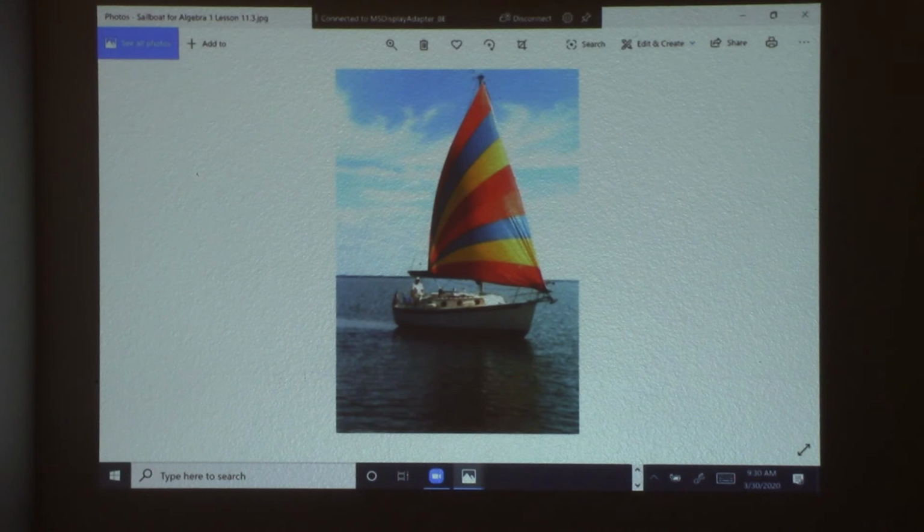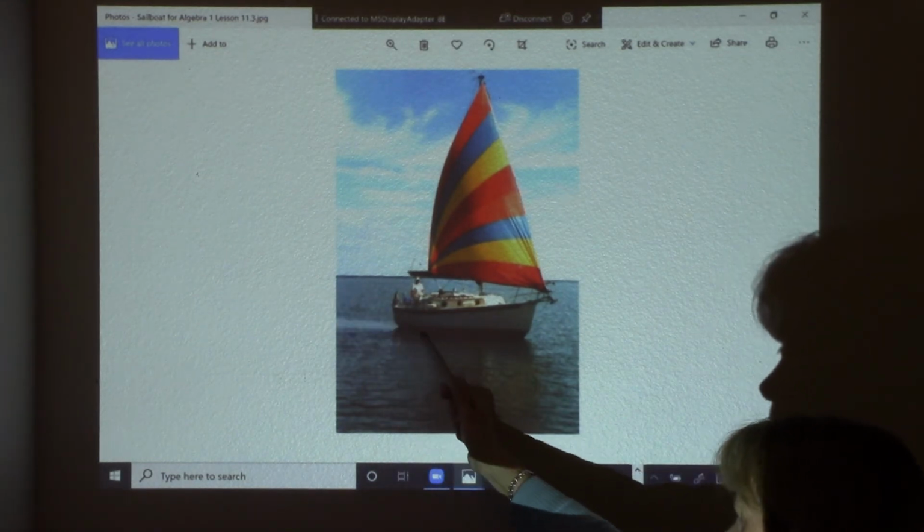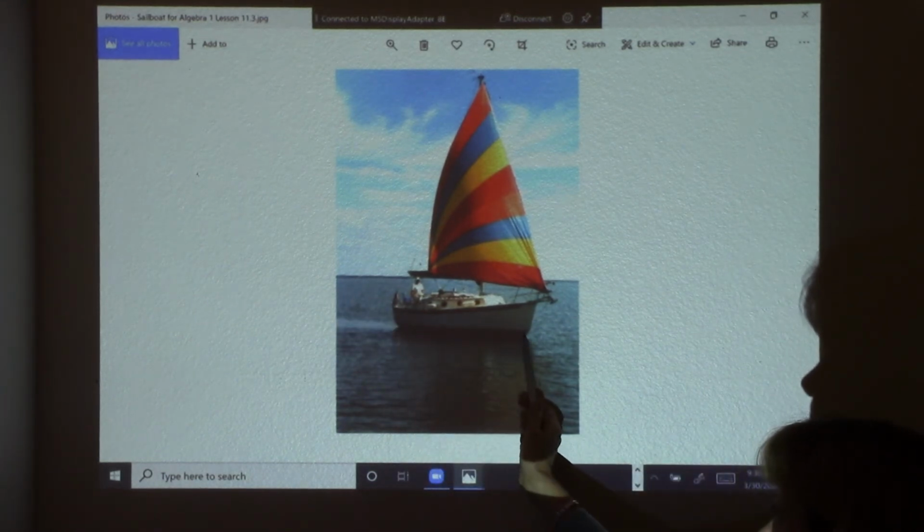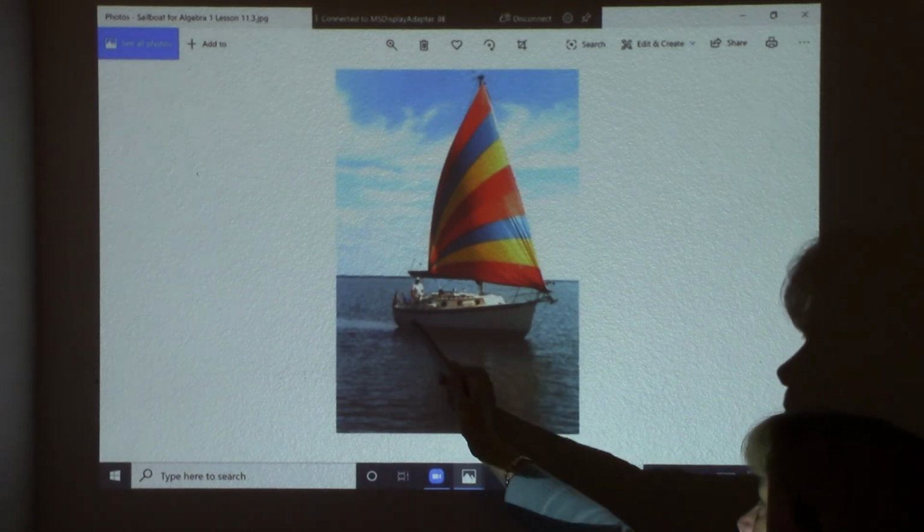All right, I'm going to read it. It says, the hull speed S in nautical miles per hour of a sailboat can be estimated using the following formula. And we'll write that down in a minute. Where L is the length of the sailboat's water line. So the water line is right here. That can be different than what's up here in terms of the length of the boat.